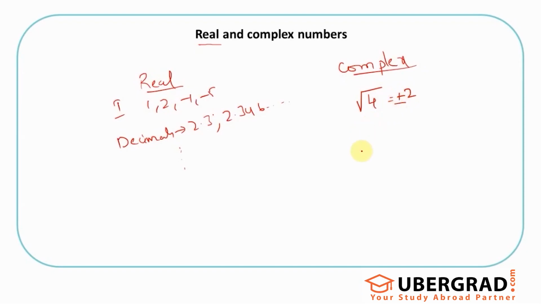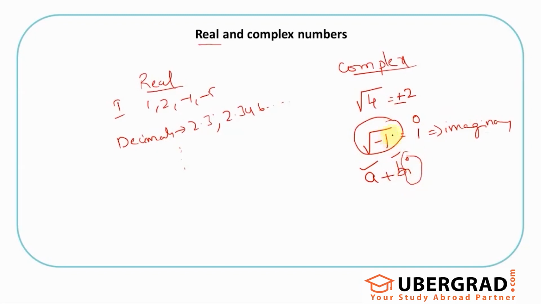When it's the square root of some negative value, it's basically called an imaginary number i. A complex number is of the form a plus bi, where a and b are real numbers. To put it in simple terms, if you have this imaginary number i, the square root of minus, we call them complex. Other than that, they are real numbers.